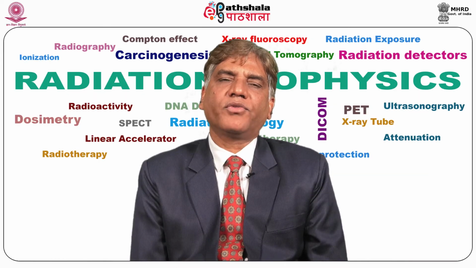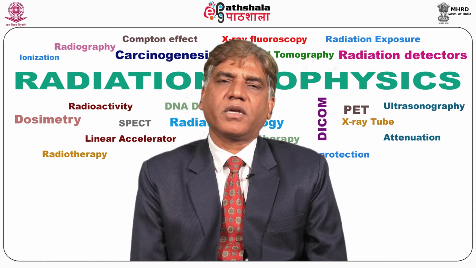Now coming to the construction of the PSP plate, photostimulable phosphor, there are multiple layers in the PSP plate. One is called the overcoat or protective layer, then the phosphor layer, which is the light emitting layer, then the conducting layer, supporting layer, and light shielding layer.